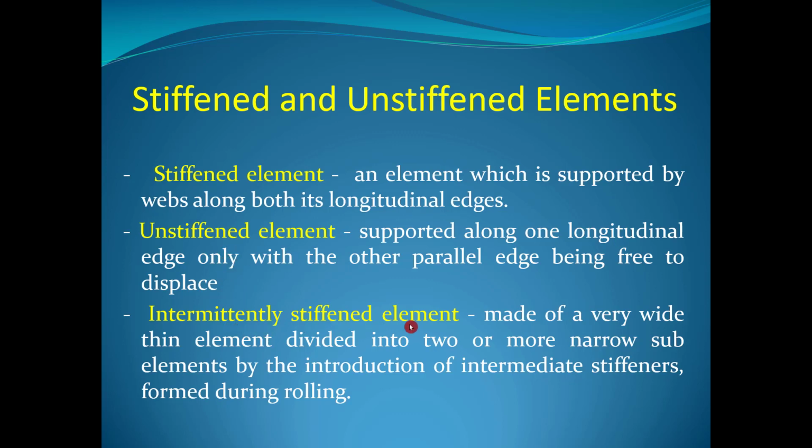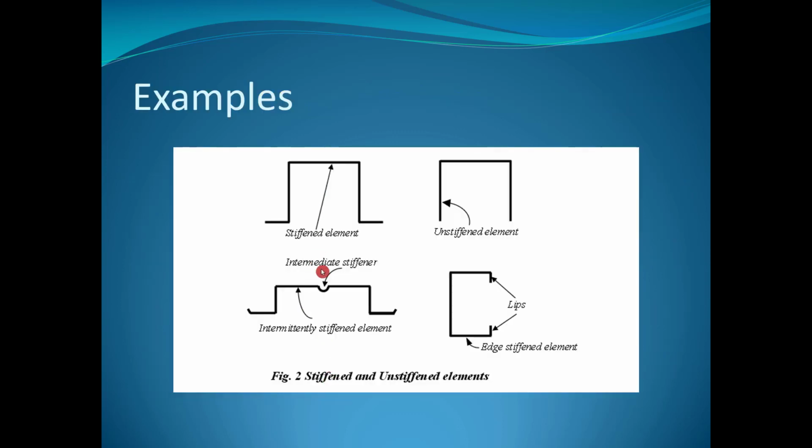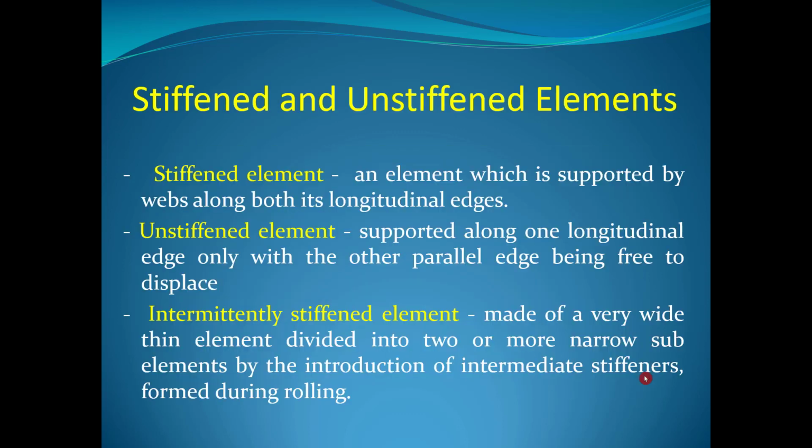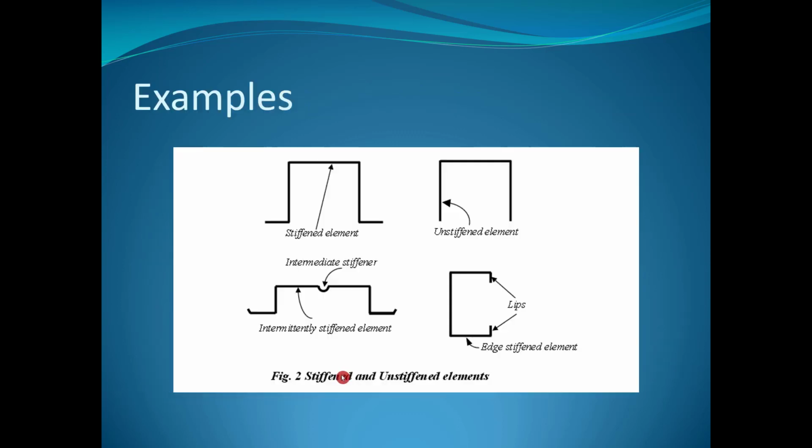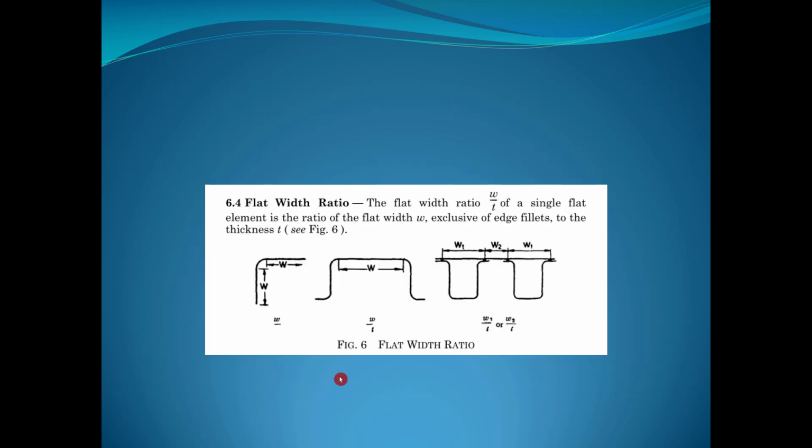And an intermittently stiffened element is made of a very wide thin element divided into two or more narrow sub-elements like this, by the introduction of intermediate stiffeners formed during the rolling. And another important theory part is the flat width ratio.